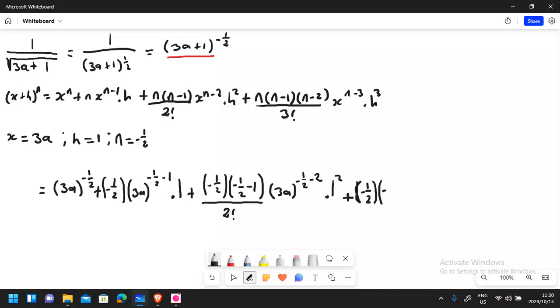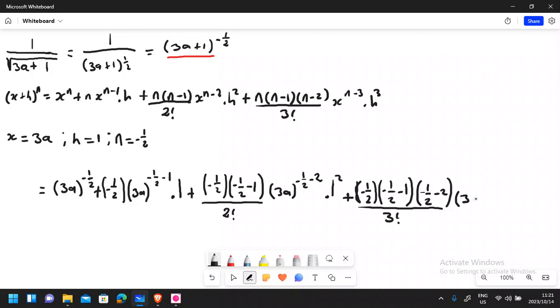So it's going to be negative half minus 1. Okay, close bracket. And then the last one is going to be n minus 2. So it's negative half minus 2. There we go. And then this is divided by 3 factorial. So we have 3 factorial. And then our x, what is our x?